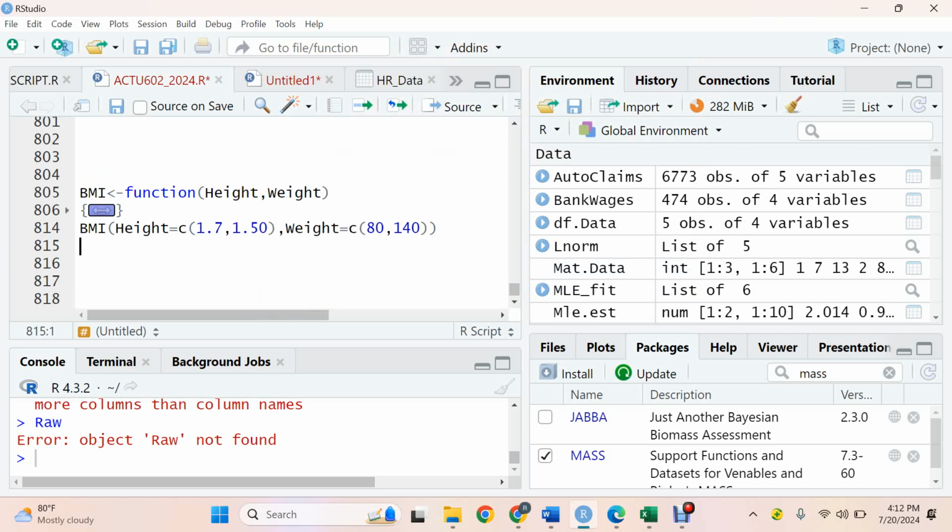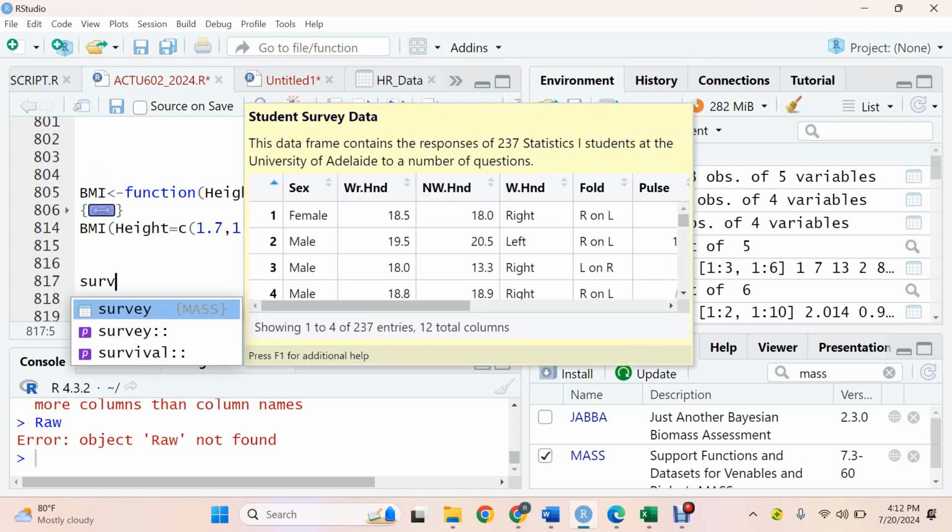There's a function survey, good. Okay, so survey is a whole lot, 237 statistics students. So let's say we want a pie chart of, let's say sex, right?